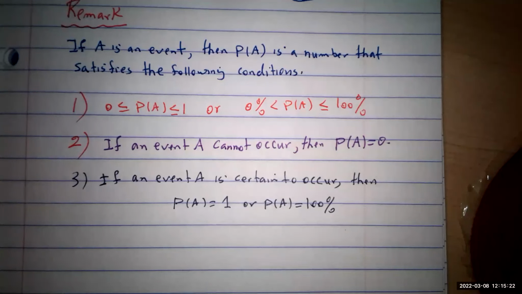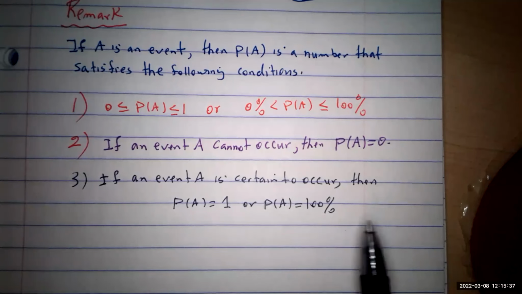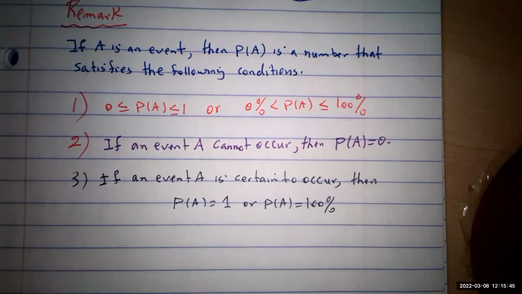You know that every day of the week ends with a Y. Monday, Tuesday, Wednesday, Friday, Saturday, etc. So the probability that you're going to be born on those days is 100%. So there are cases that you may get 100%. In this case, this A is the same as your sample space.